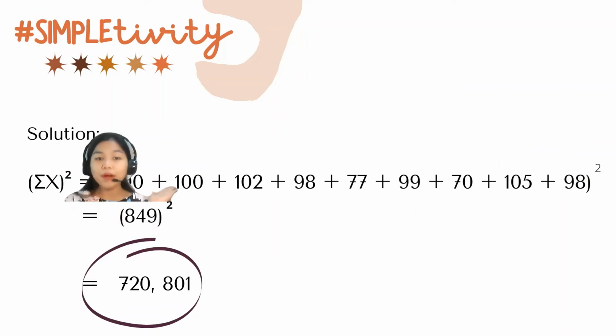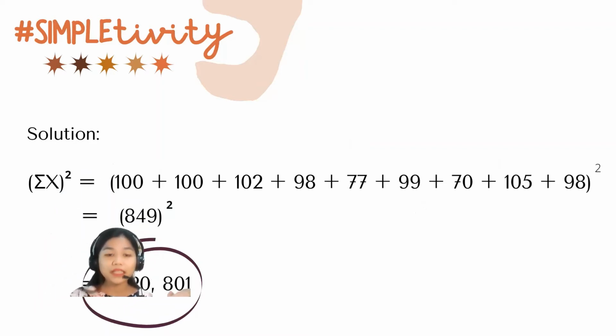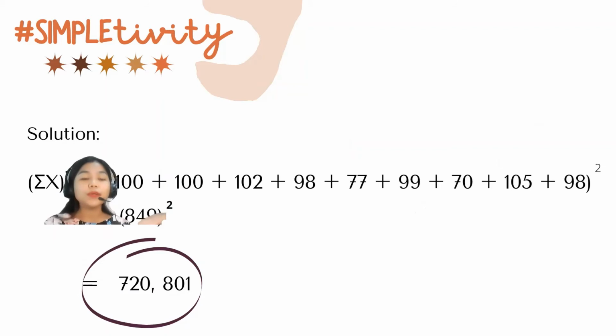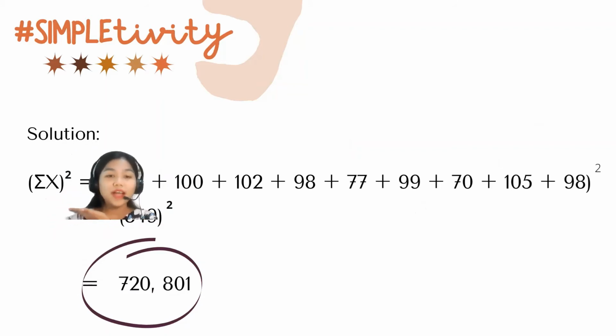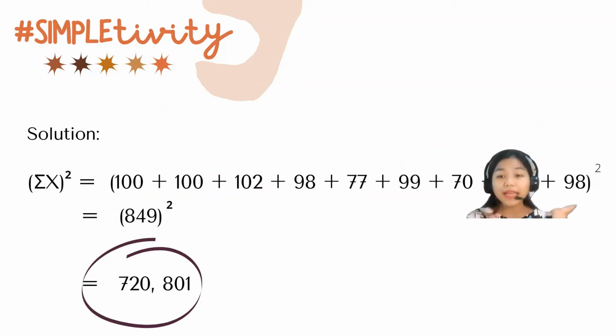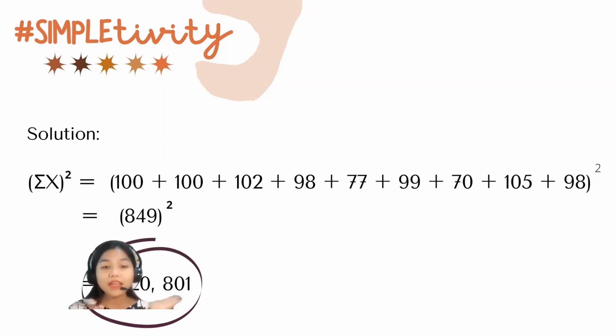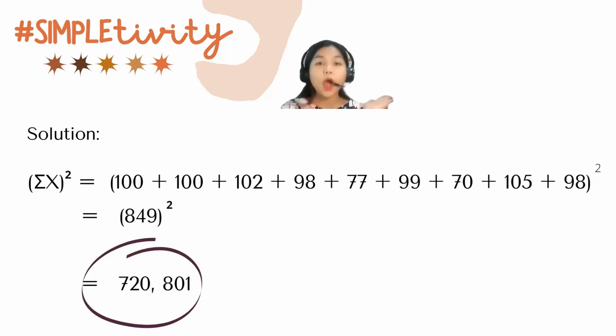The sum of all the 9 values of x is 849. If we square 849, the result is 720,801. So the square of a sum of the 9 values of x, from 100 as the first value up to 98 as the last value, is equal to 720,801. So as easy as that.